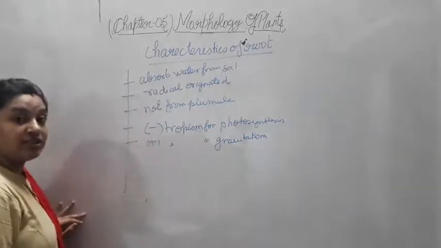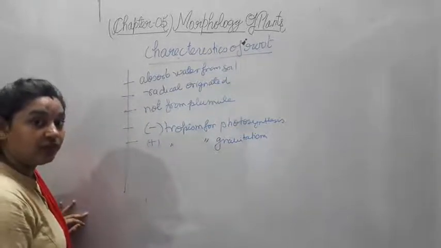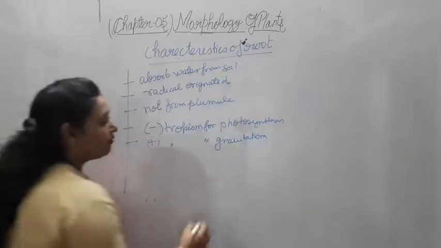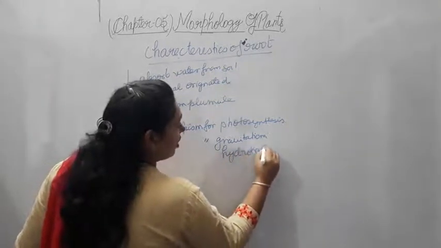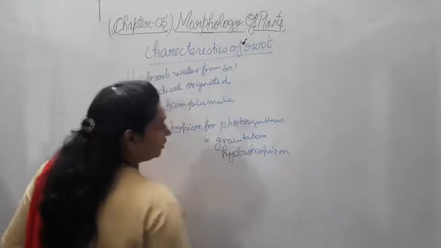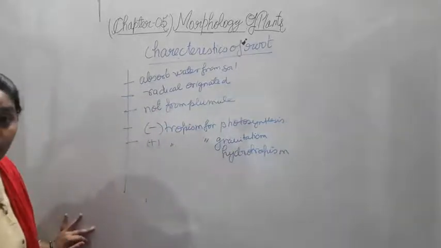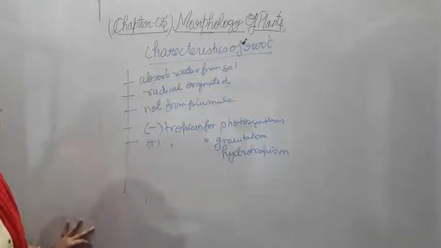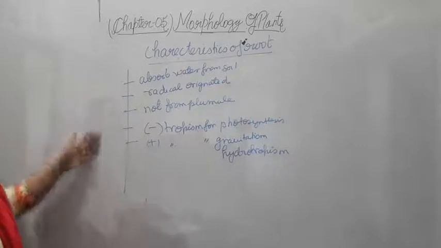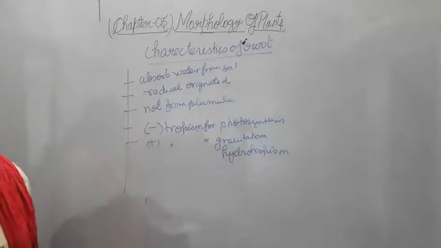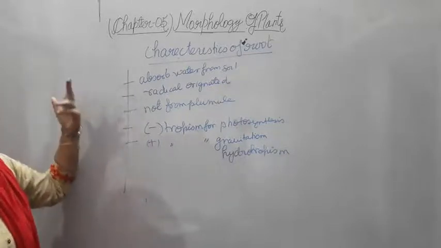So for gravitation they show a positive kind of tropism, and for hydrotropism too. They show it for hydrotropism also, because wherever they sense water, they start moving towards that place.